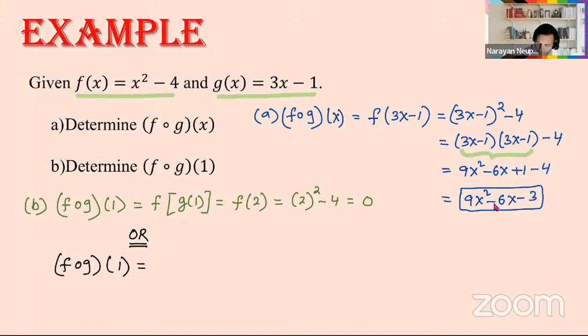So it will be 9 times 1 squared minus 6 times 1 and then minus 3. 9 times 1 squared is 9, minus 6 minus 3, that's 9 minus 9, which is 0. So you can see either way, we get the same result, that is 0.